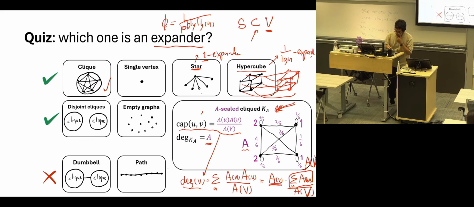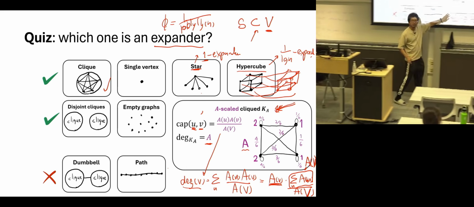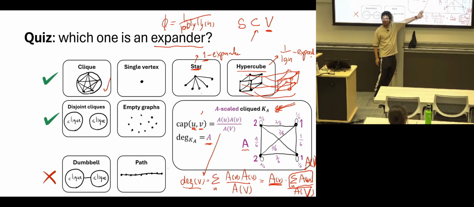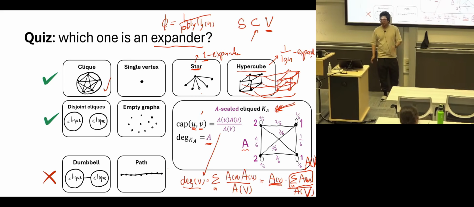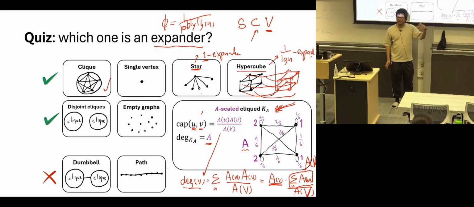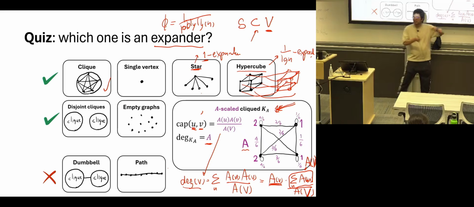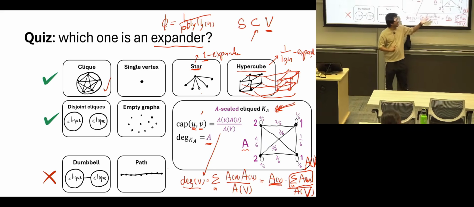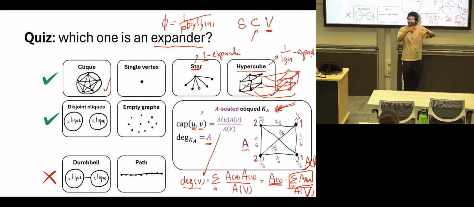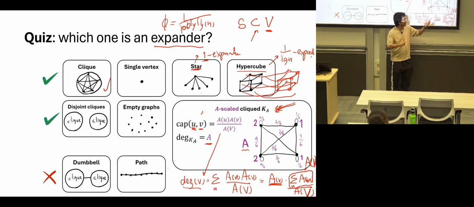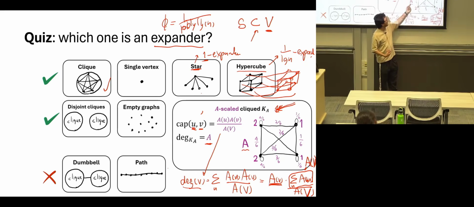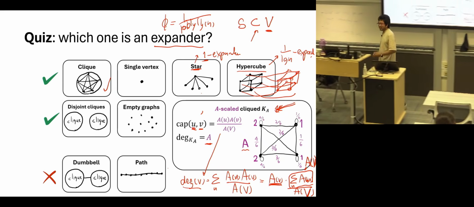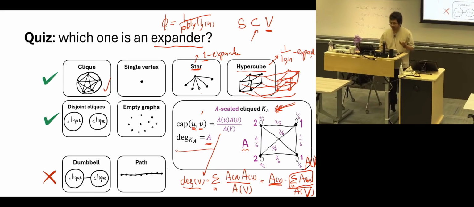Here it's just two nodes. So this is an expander, and you can check this. How you think of this is that it's basically a clique, but you scale the capacity so that the degree is A. You can check if you don't see that this is an expander.